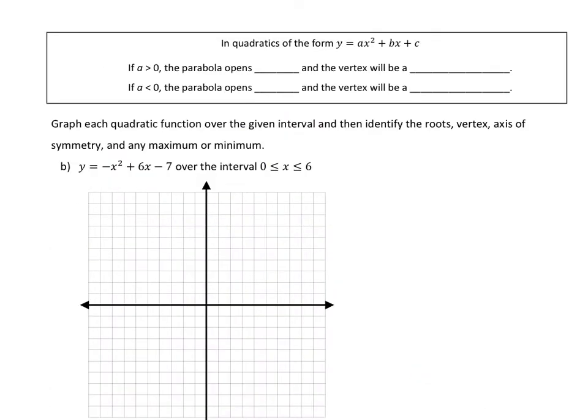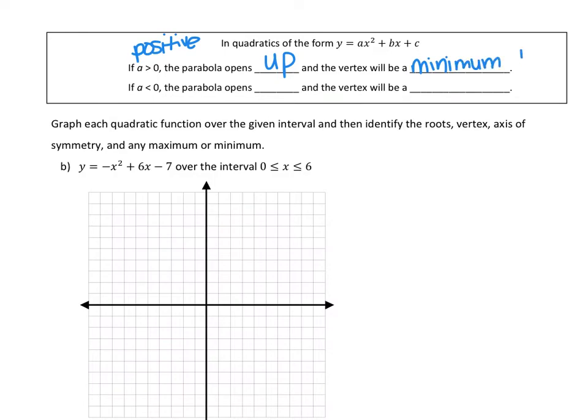In quadratics of the form y equals ax squared plus bx plus c, if the a value is greater than 0, meaning the a value is positive, the parabola opens up, and the vertex will be a minimum value.